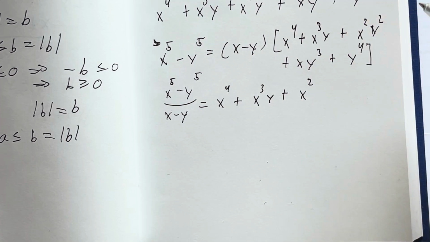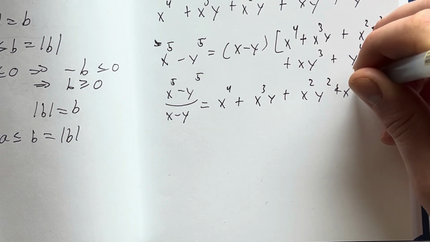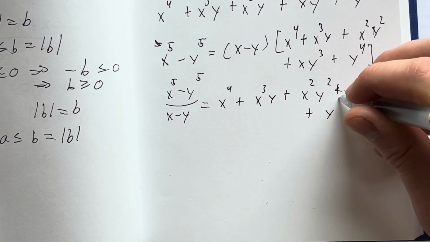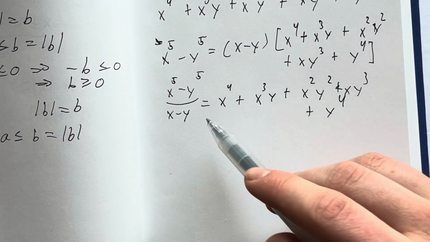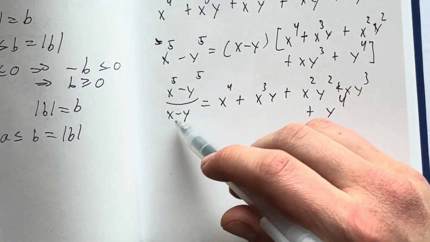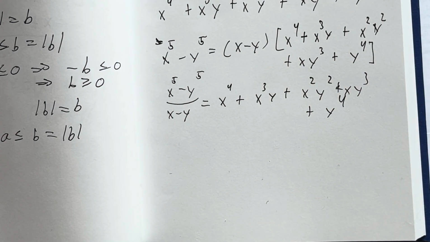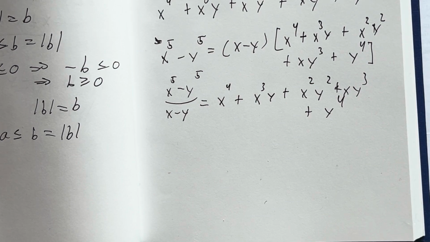Now we just need to show, and because these are equal, if we show that this left hand side is positive, then of course the right hand side is always positive as well.